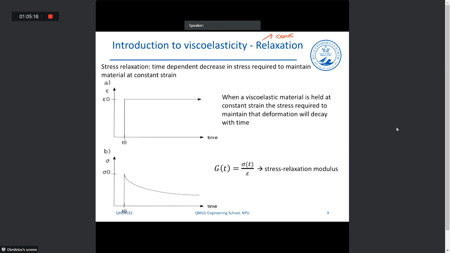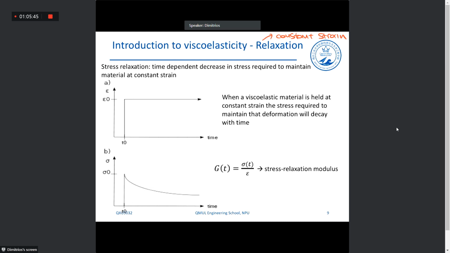Okay? So we have a constant strain and we evaluate the behavior of the polymer in terms of the stress. Or in other words, stress relaxation is a time-dependent decrease in stress, because the stress always decreases if we want to keep a polymer at a constant strain. Okay? So it is the time-dependent decrease in stress required to maintain the material at constant strain.